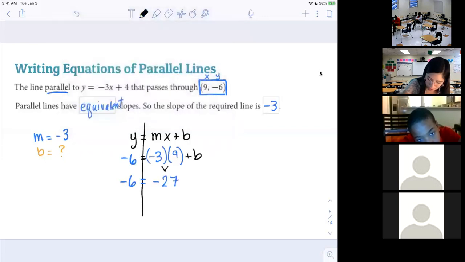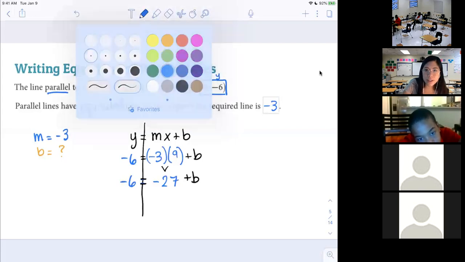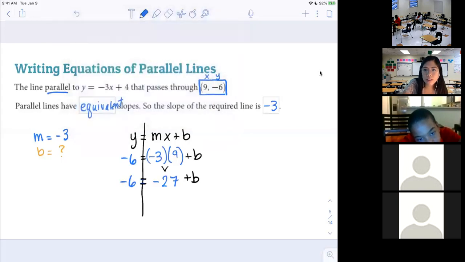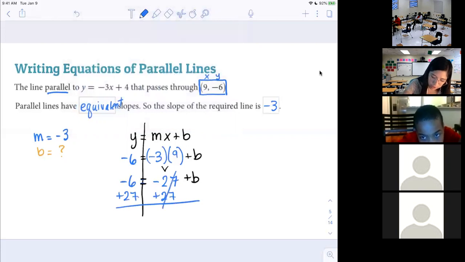And what do I do to get b by itself? Good, we're gonna add. Add what? 27, good. So what's -6 plus 27? Good job, 21. All right, so we found our b.